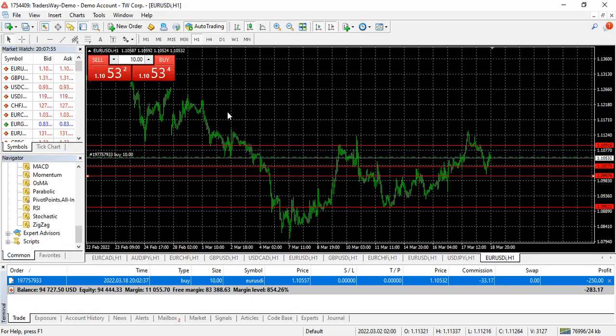For us to have the ability to control like 100,000 US dollars, you only need a small portion of the money to trade. The rest of the money, the broker is going to provide it to you. That is what margin is all about. Your broker will provide you the rest of the money to trade. You just have to have a little.